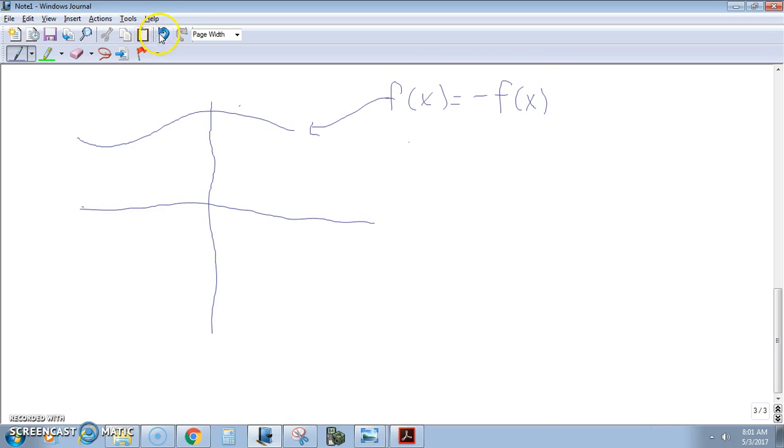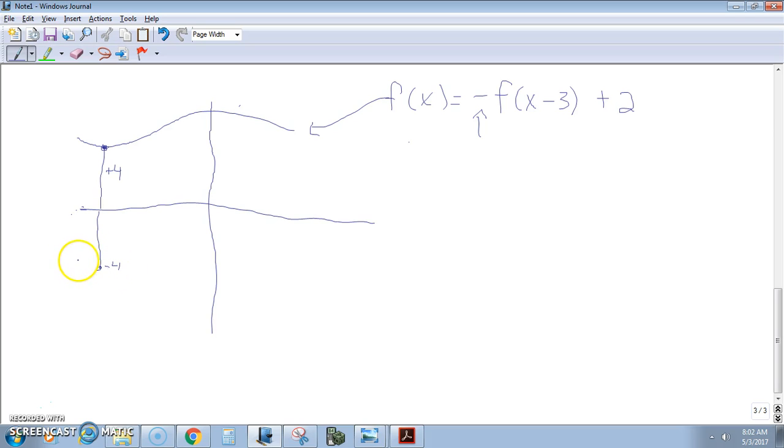And then maybe move it to the right. Let's move it to the right 3. And then maybe we move it up 2. Okay, so here the first thing you want to do is reflect it across the x-axis. So here's the x-axis. So let's say this is up at positive 4. Okay, we're going to draw the same point, but we're going to draw it down at negative 4.